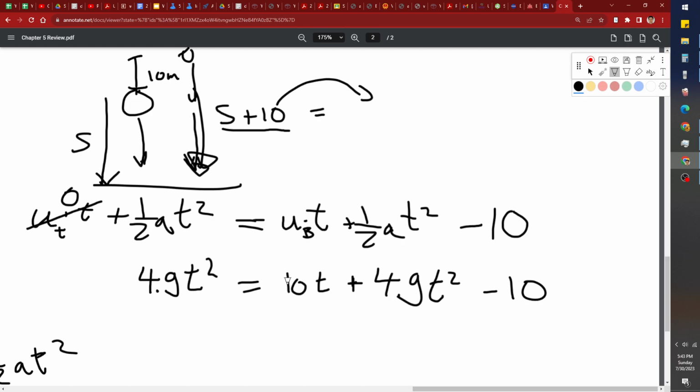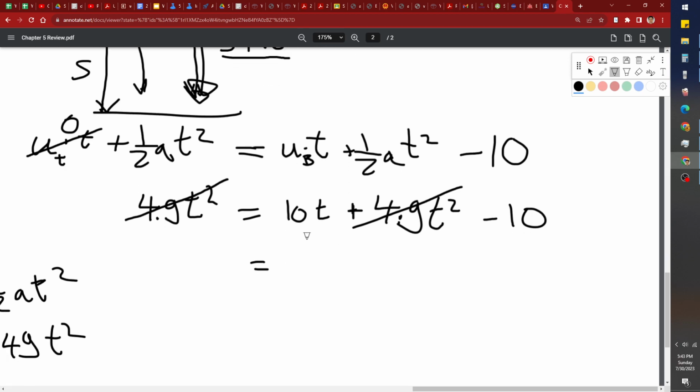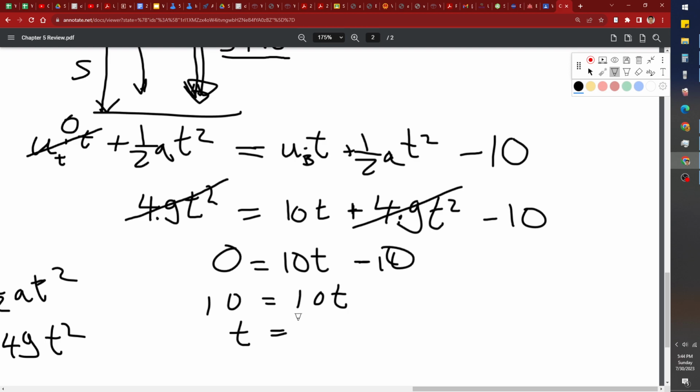Now, you see that they're both 4.9 t squared and on opposite sides, so they actually cancel out. Like if I brought that over, it would just subtract that. So what I end up with is 10t minus 10 equals 0. Well, if I move this over, it would be that, and we can see t equals 10 divided by 10, which is 1 second, okay?